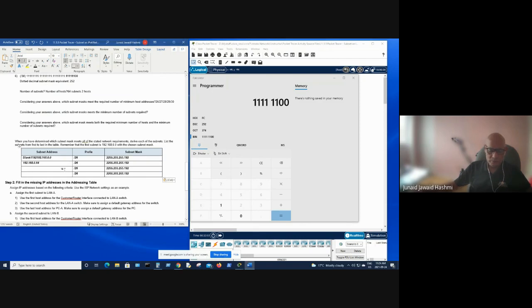The next one is 192.168.0.128, and the last one 192.168.0.192. So these are your network IDs, okay? Anyway, I'm going to do another lab with you guys later on, not now, but later on.